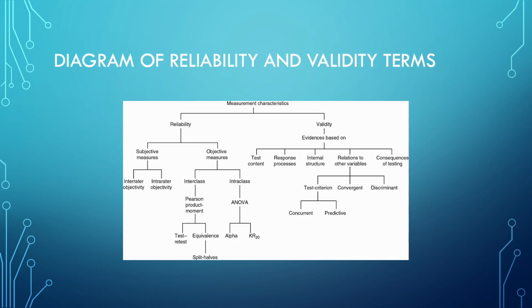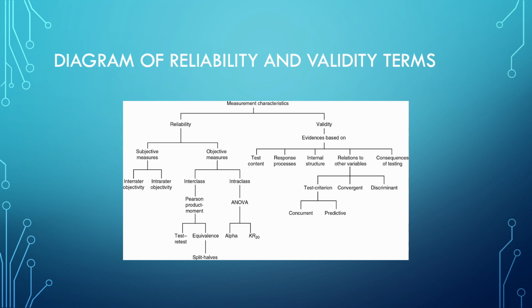This is a diagram of reliability and validity terms. This is figure 6.2 in your book, and this is just a really good reference to keep and refer back to when we're trying to talk about our measurement characteristics. This just gives us a nice visual flow chart of all of those terms and how they're related to each other. You don't have to memorize all of this, but it is something good to refer back to. For example, when we're looking at the reliability side, we need to know the difference between subjective measures and objective measures.